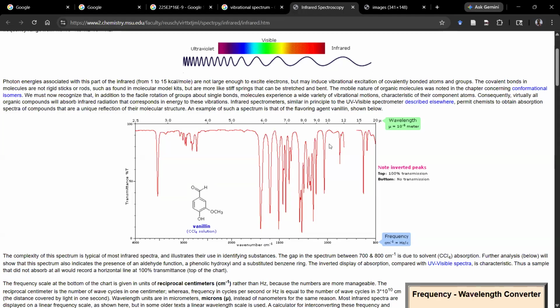At 2,000 wave numbers, it would be 5 microns. This is 2.5 microns, which is 2,500 nanometers. So this is longer wavelength than visible. Visible ends at around 800 nanometers. These are all much longer wavelengths by about an order of magnitude from visible light.